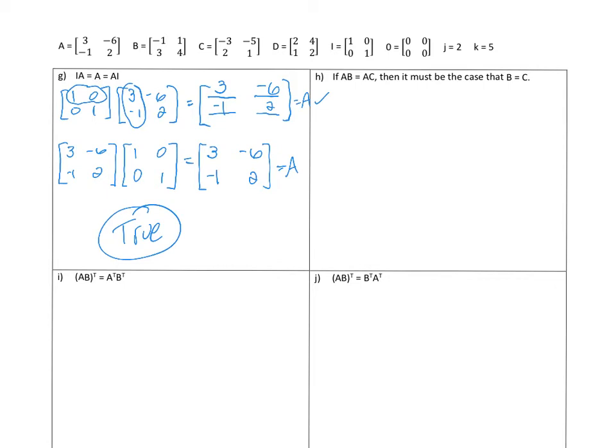Okay, now this is a more complicated looking statement. It says, if AB equals AC, then it must be the case that B equals C. So I'm supposed to use the matrices that they gave me here. So I'm going to multiply AB and AC and make sure they're the same. Okay, so A times B, we've done before. Let's just go back and get that matrix.